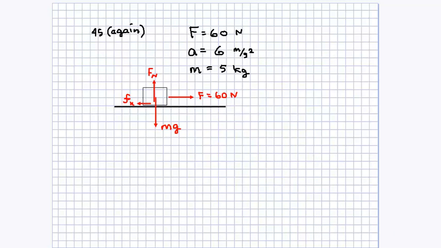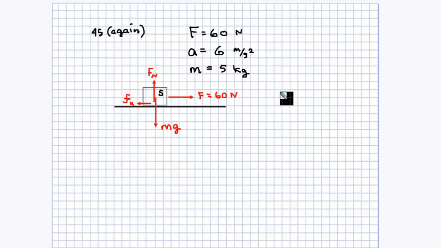Next question, also number 45. Here we've got a force of 60 newtons accelerating a 5 kilogram block at 6 meters per second squared along a horizontal surface. Of course, there's going to be a gravity force and a normal force, and presumably there's some kind of friction force.